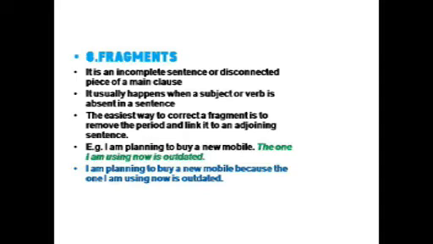So here it is better to join these two sentences together, so that it will look like a better sentence. Let's see how that sentence is corrected. I am planning to buy a new mobile because the one I am using now is outdated. Here you are using the word because and then connecting the two. So that looks like a better sentence than the previous one.